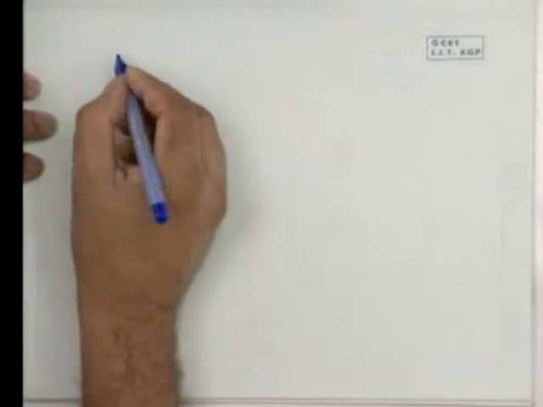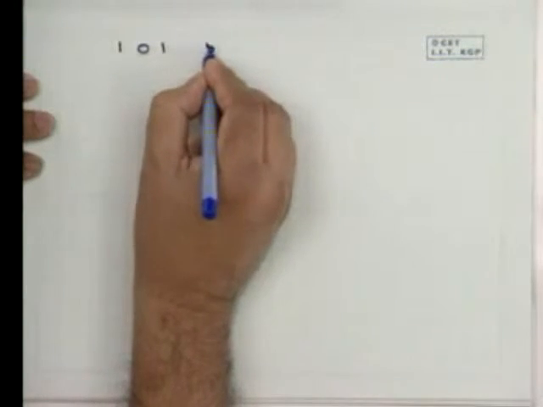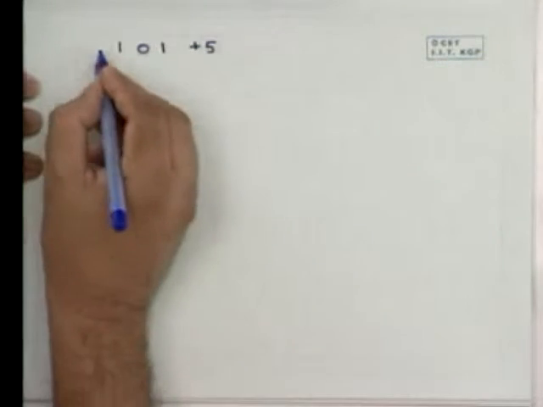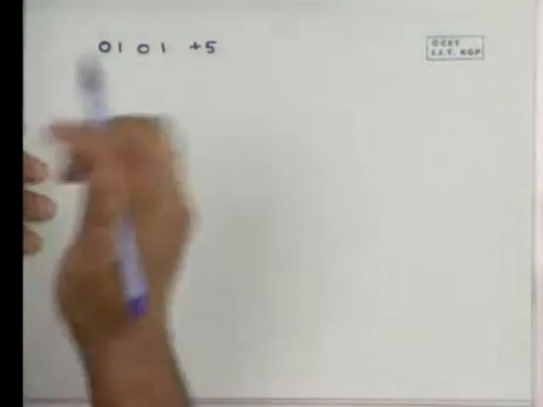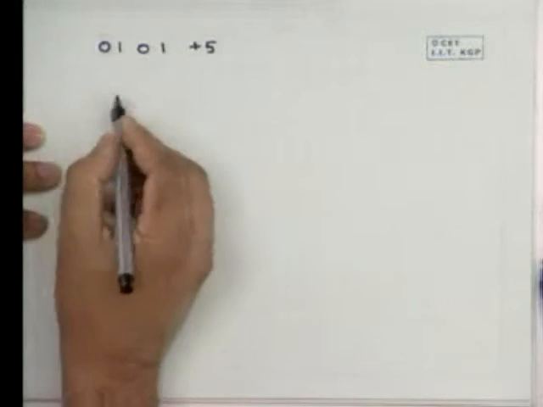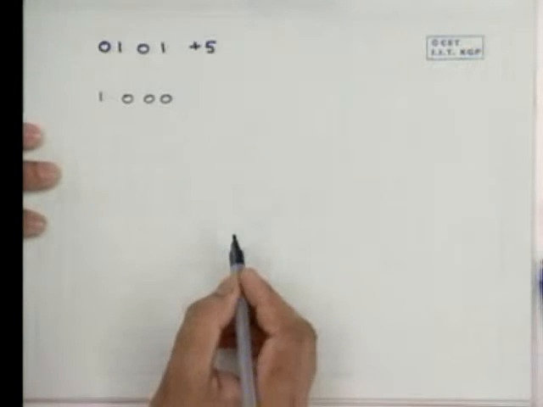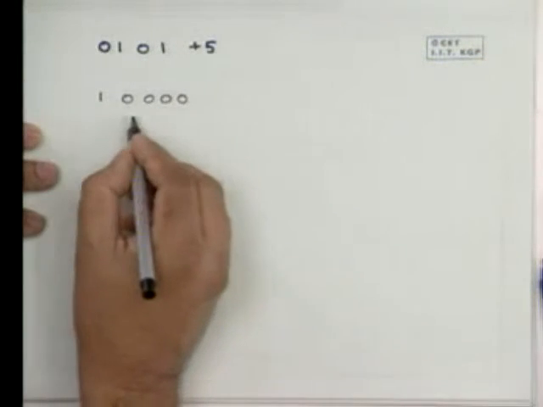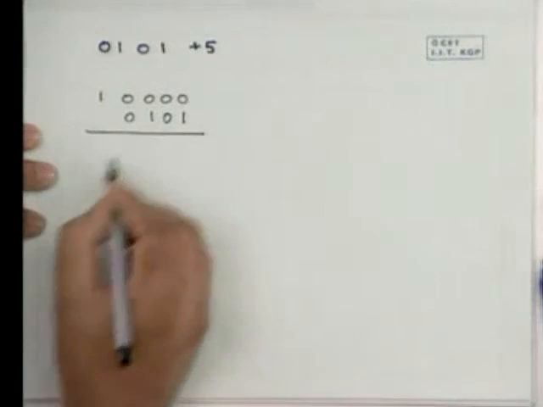Now, in the case of a 2's complement representation, a positive number, say 101, which is 5, if you want to represent plus 5, we represent it the same way, which is 0 at the beginning of it. But if we want to represent minus 5, what we do is this: this being a 4-bit representation, we take 1 0 0 0 0, take 0 1 0 1 and subtract it.